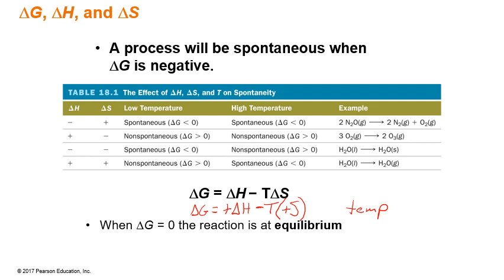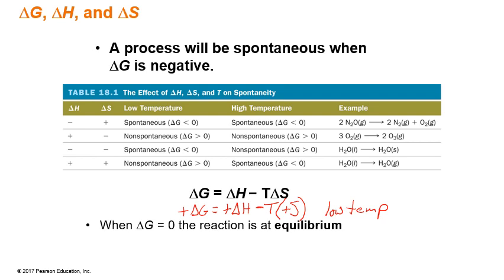Let's say we're at low temperature. Our T is going to be small, which makes our T times delta S small. But if that is smaller than our delta H, that makes the delta G positive, which means that it's non-spontaneous.